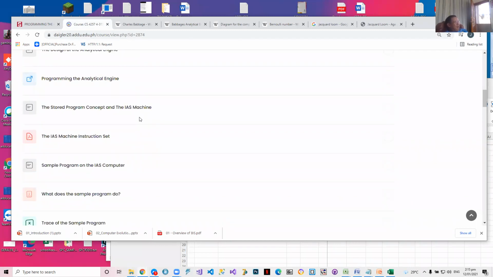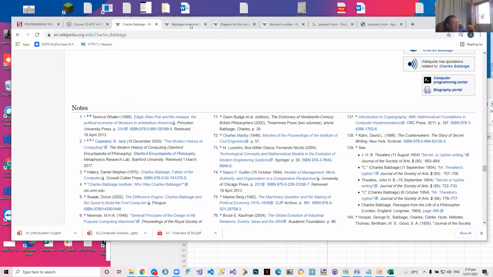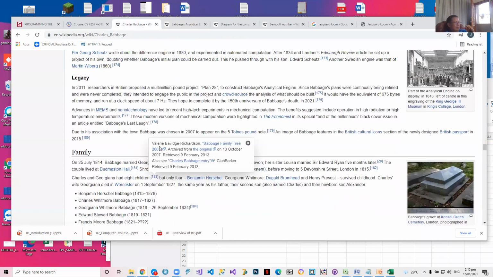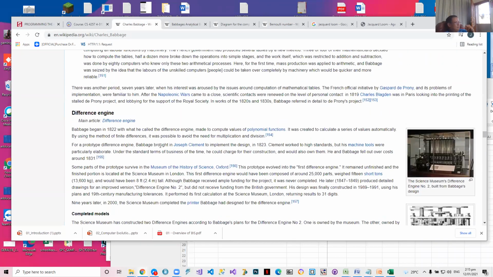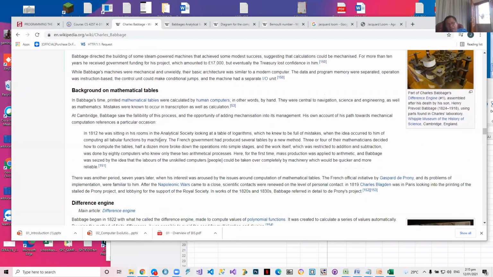No? Now, after that, what happened? What happened after the analytical engine? The analytical engine was invented in 1837. Right? 1837. So 1837, nothing happened after that.